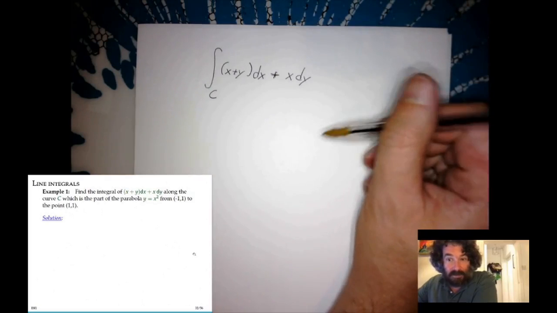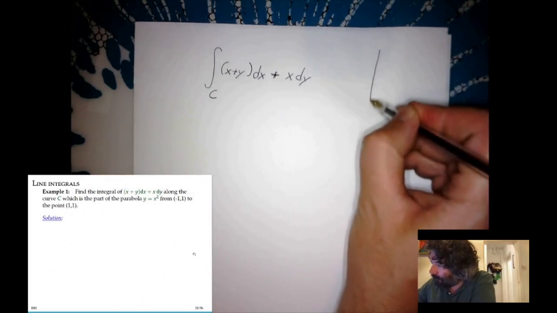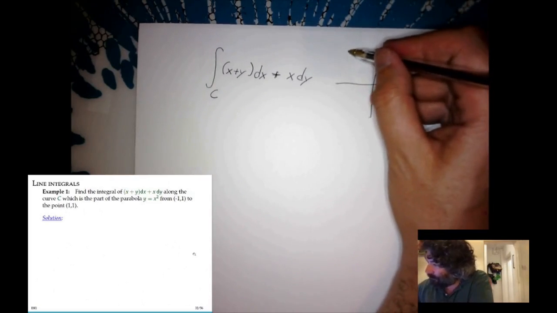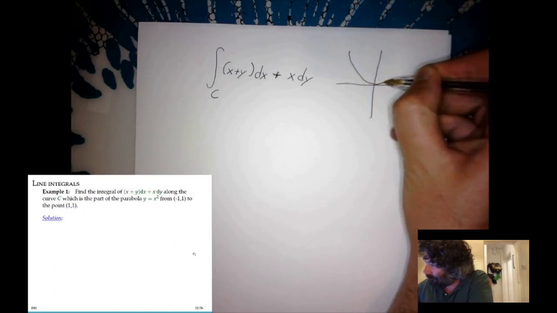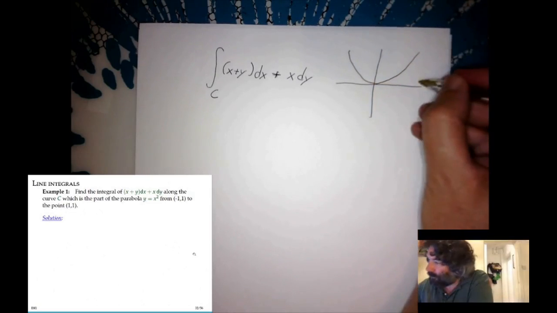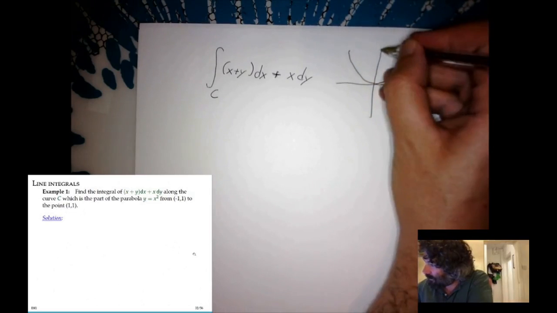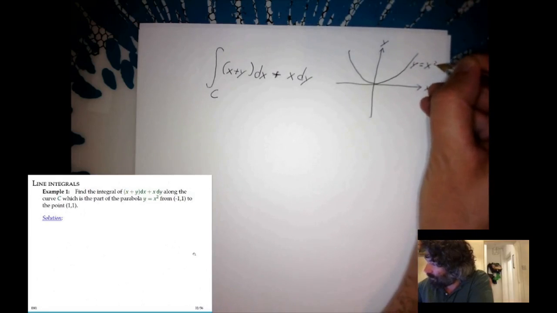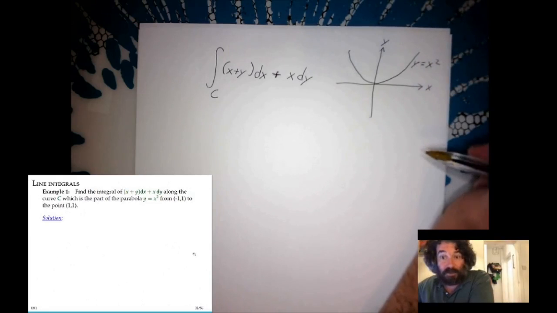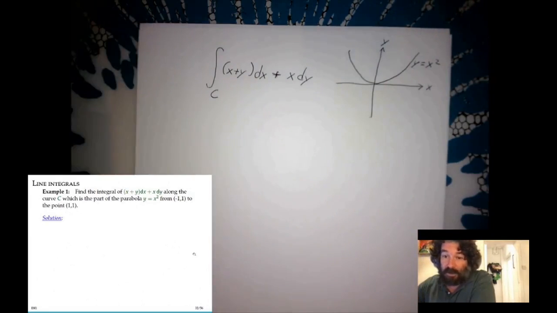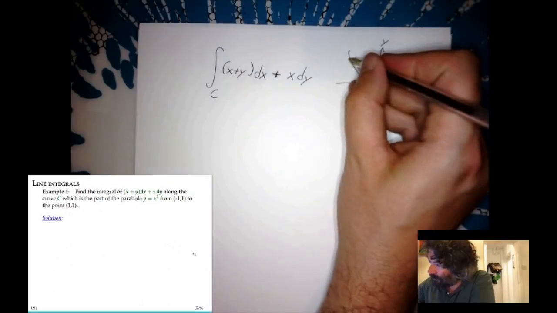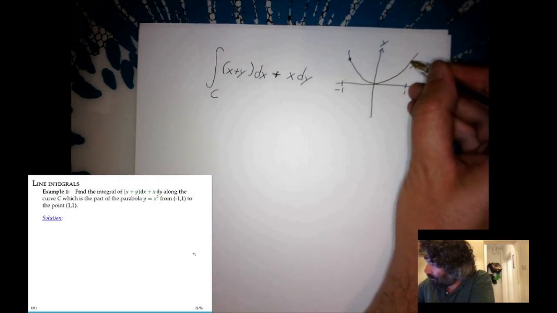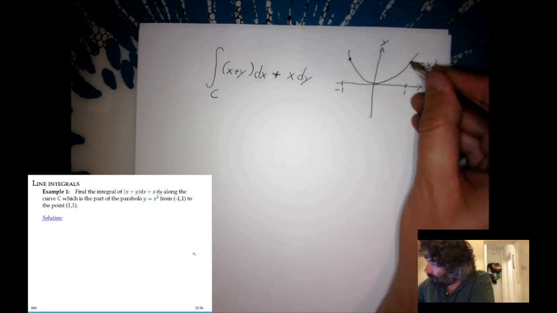And as it says on the slide, the curve is a portion of a parabola, y equals x squared. Here I've drawn the xy axes, and this curve is y equals x squared. And it's the portion of this curve that goes from negative 1, 1, this point, where x is negative 1, to the point 1, 1, this point where x is 1.